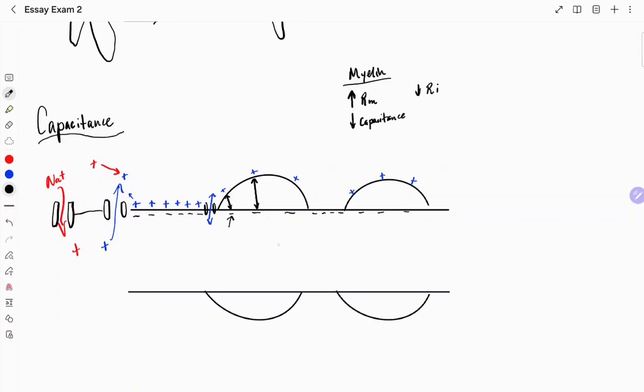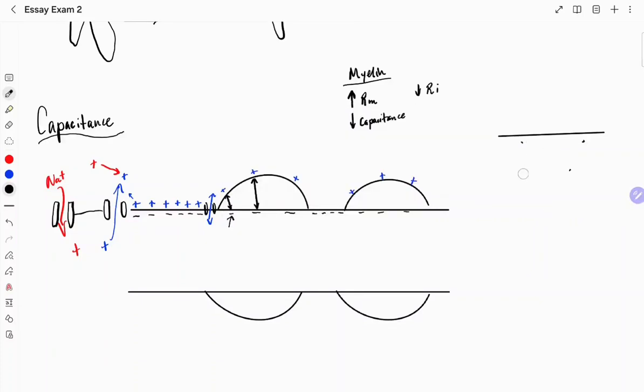The cell is a little bit wider in those regions, and when you have a wider cell versus a narrower cell, and the same amount of things in the way, it's more spread out over the wider one. So it's easier for something to pass through than it would be trying to pass through this more condensed region of a cell. So myelin has that effect of decreasing internal resistance.